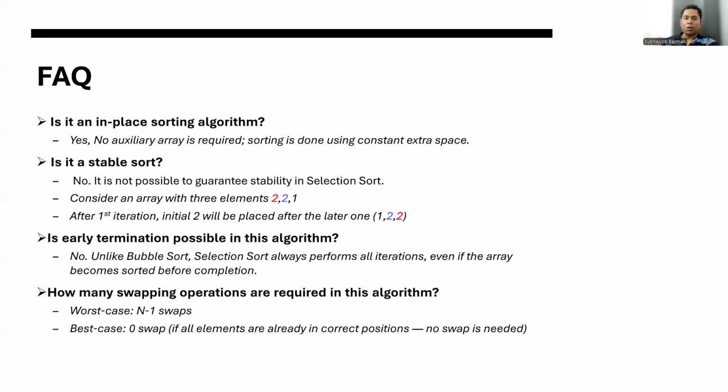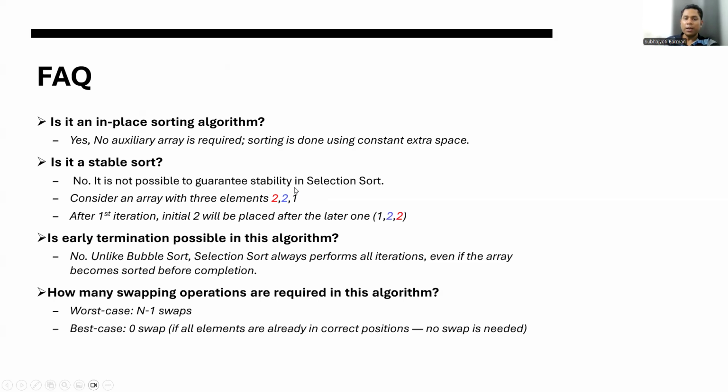Is it a stable sort? Answer is no. We cannot guarantee that it will maintain the property of a stable sort. For example, let's say we have three elements: 2, 2, 1. I deliberately mark these identical elements with different colors. So in the first iteration, what will happen?